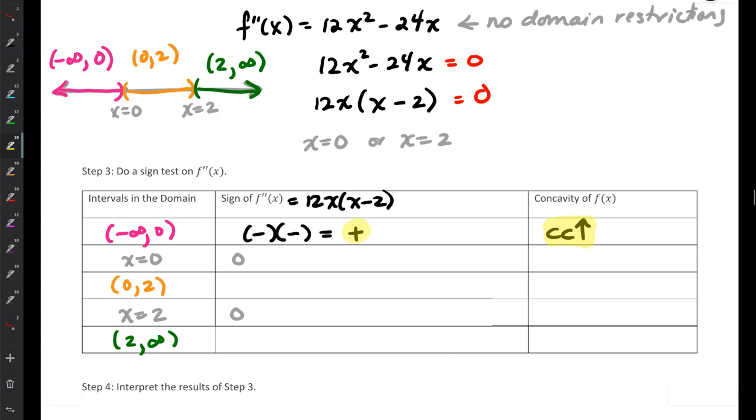That's for my original function f. Pick a number between 0 and 2, like say x equals 1. 1 times 12 is 12, it's positive. 1 minus 2 is negative. A positive times a negative is negative, so my function is concave down on that interval.